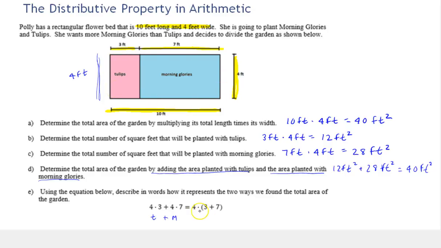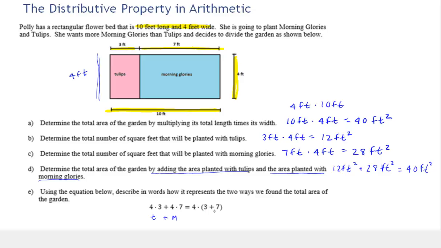Okay. Now on the right-hand side, that doesn't look identical to how we found the area of the garden. Remember, we found 10 feet times 4 feet. And remember, because of commutativity of multiplication, we could write 4 feet times 10 feet, and that's equivalent. Okay. So here we have a 4, and in parentheses, we have 3 plus 7.